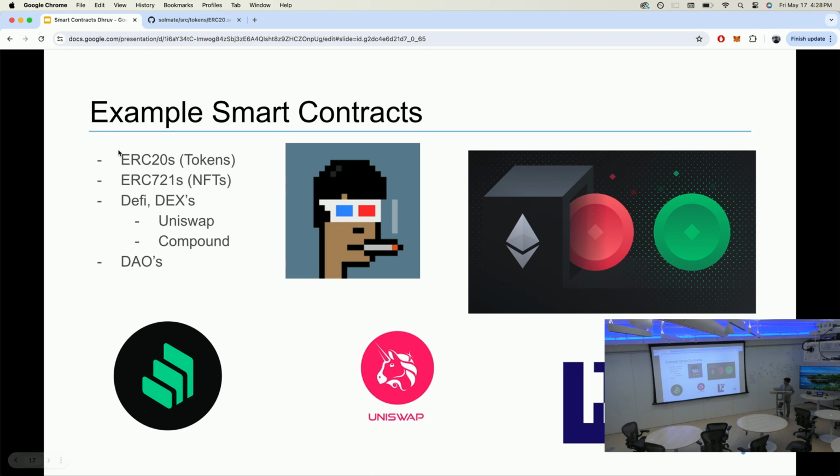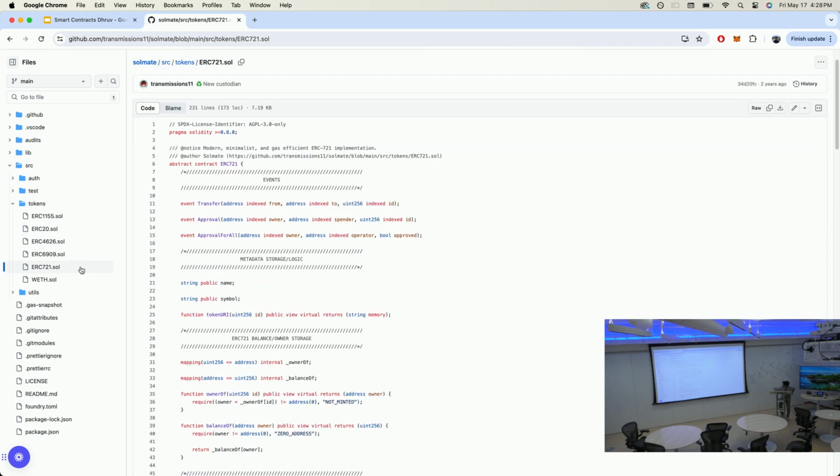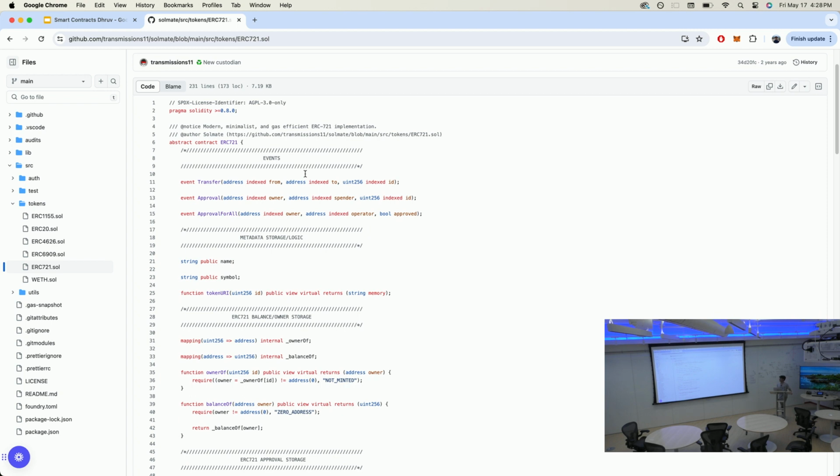Another example of smart contracts are ERC 721s, which are like NFTs. Again, this is defining an ERC 721 smart contract.